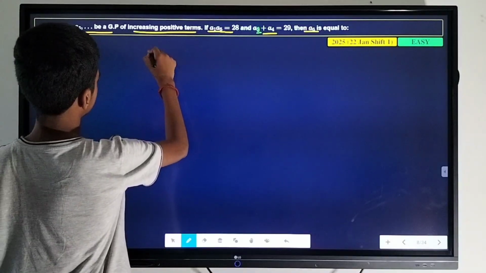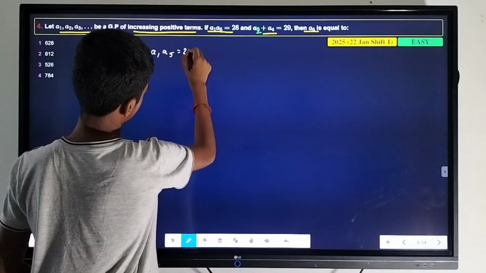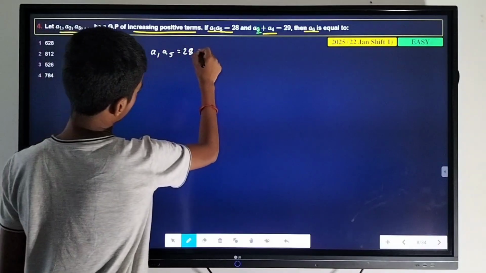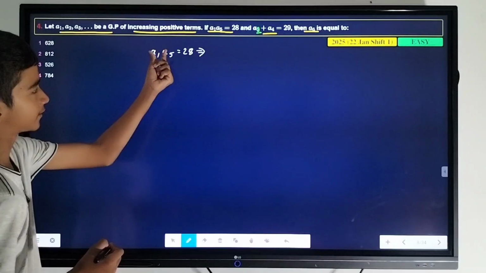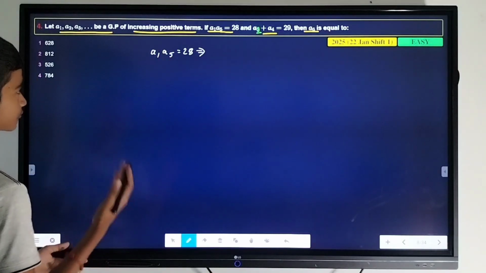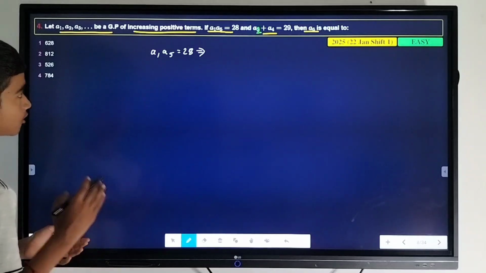Now A1 into A5 is equal to 28. From here we will get, now A1 is a and A5 is ar raised to power 4, where a is the first term and r is the common ratio.